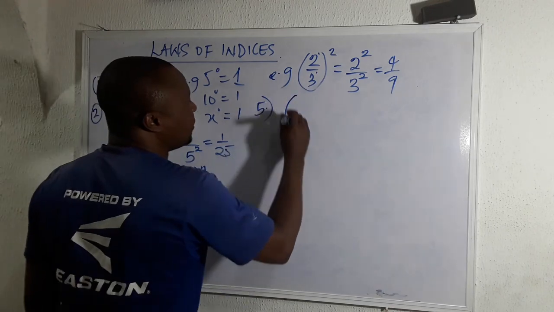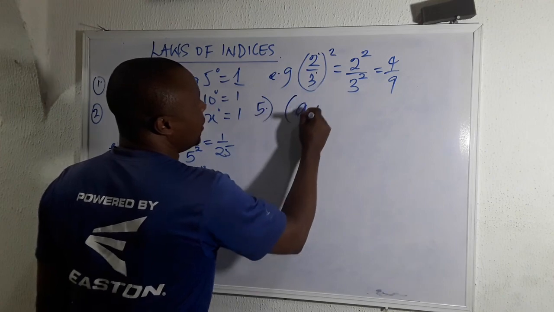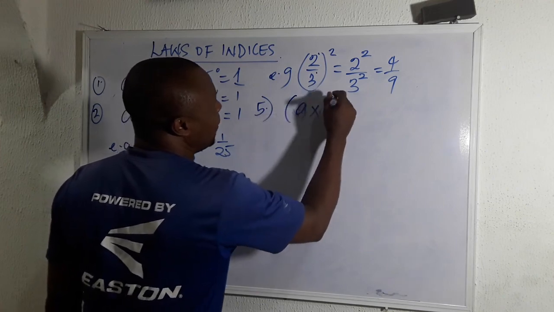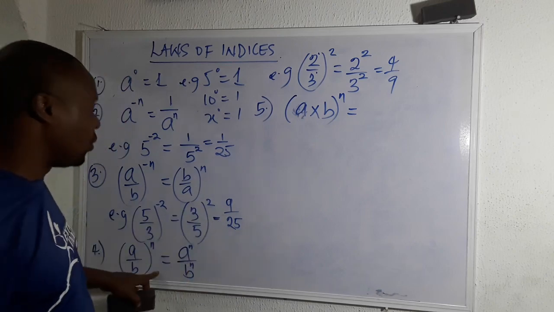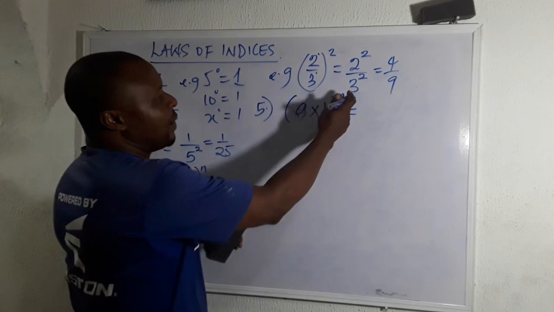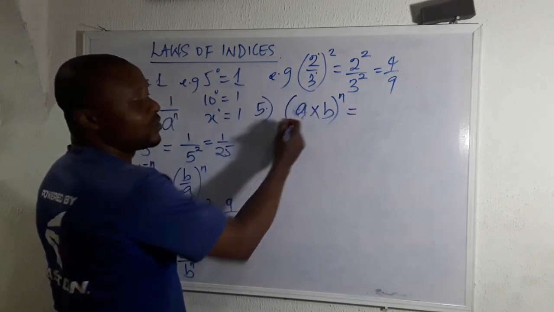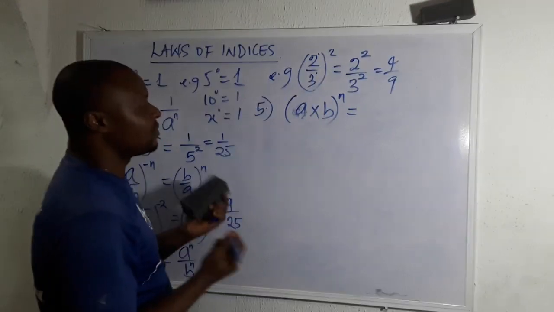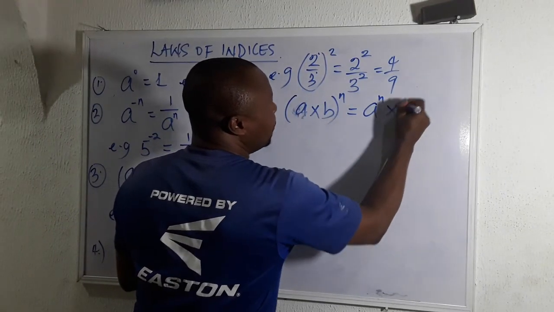Law 5 says that a times b raised to power n is almost similar to this other law. Whenever you have a product all raised to a power, this power is shared by each of the factors inside the bracket. So that will be a raised to power n times b raised to power n.